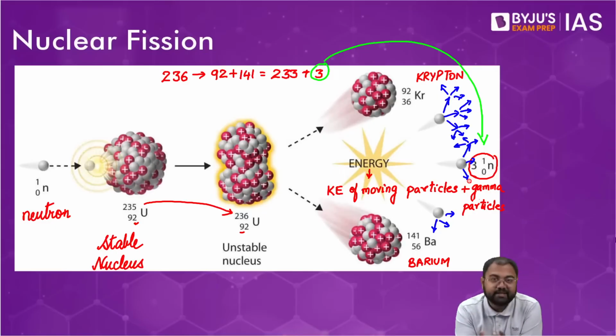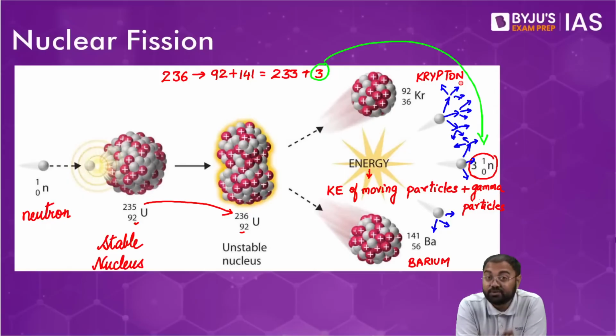You have to understand that when these reactions are happening, it's not that you have just one nucleus of uranium 235. Even if you have 1 gram of uranium 235, in that 1 gram you will have at least 10 to the power of 22 such particles.